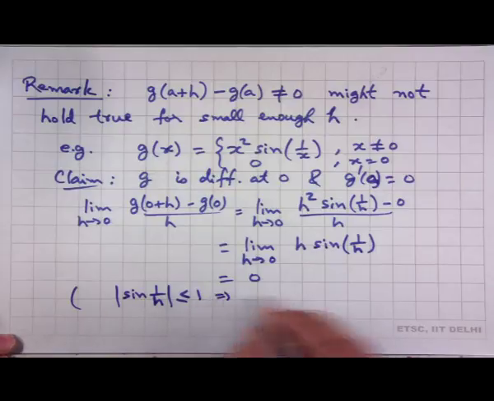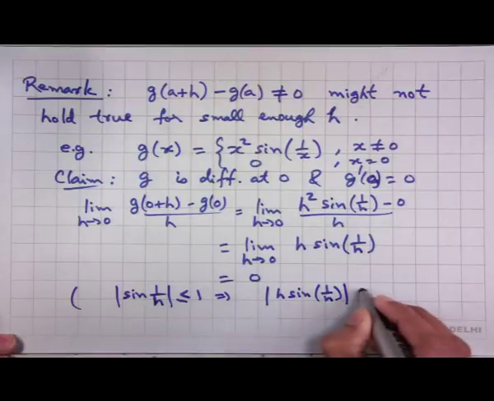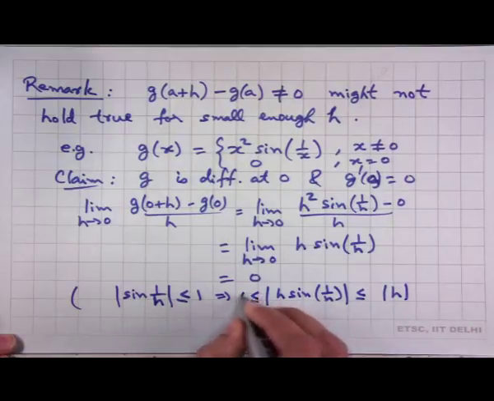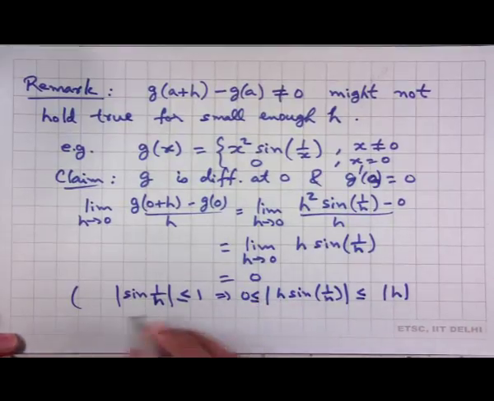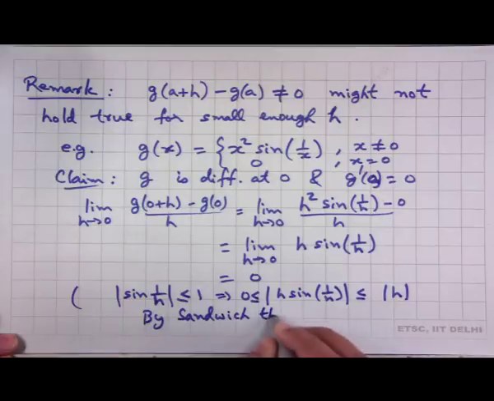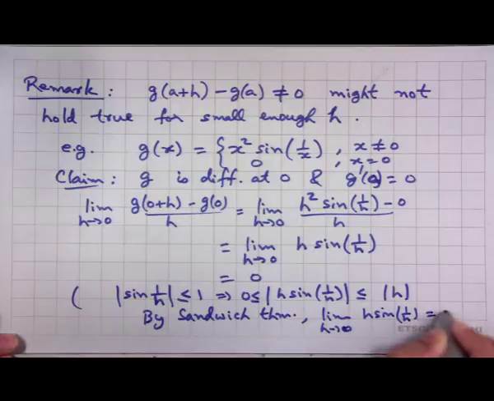So, this implies that mod h sine 1 by h is less than or equal to mod h, and of course, this is greater than or equal to 0, and then by sandwich theorem the limit of h sine 1 by h is equal to 0.